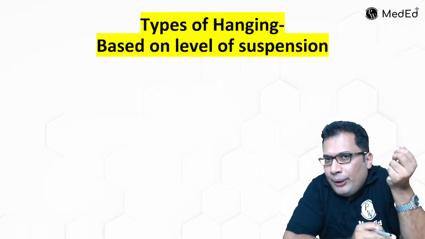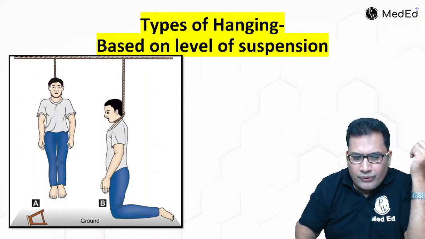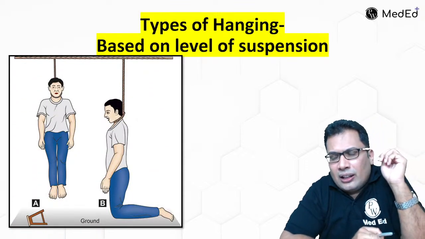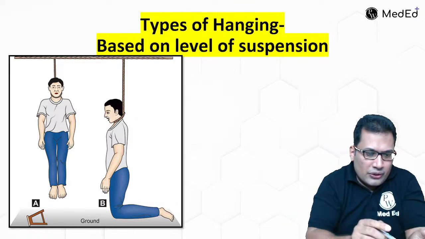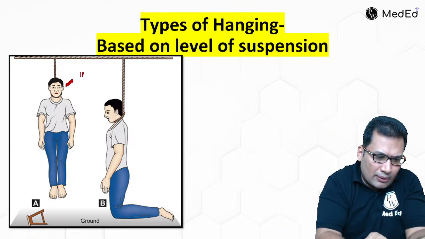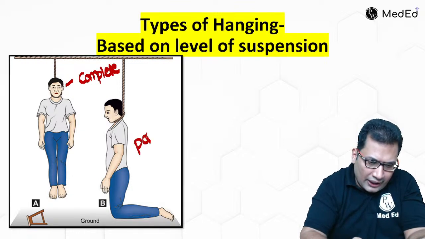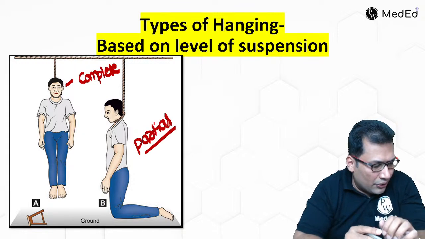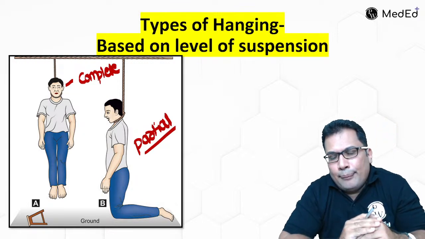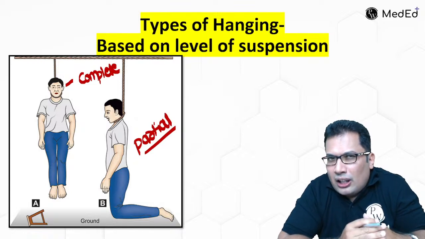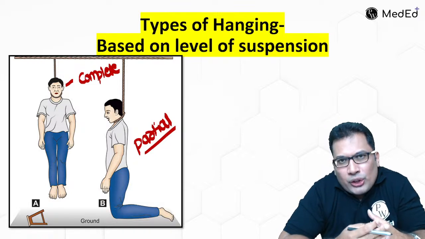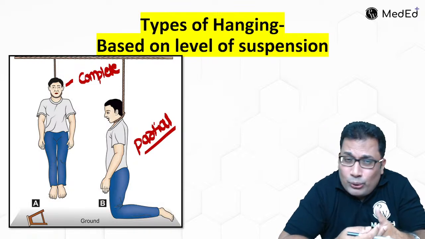One is complete hanging. The second one is incomplete hanging, also known as partial hanging. So you can see here, this is the complete hanging. This is partial hanging. Partial hanging can be in a standing position, or a sitting position, a kneeling position, or a prone position.